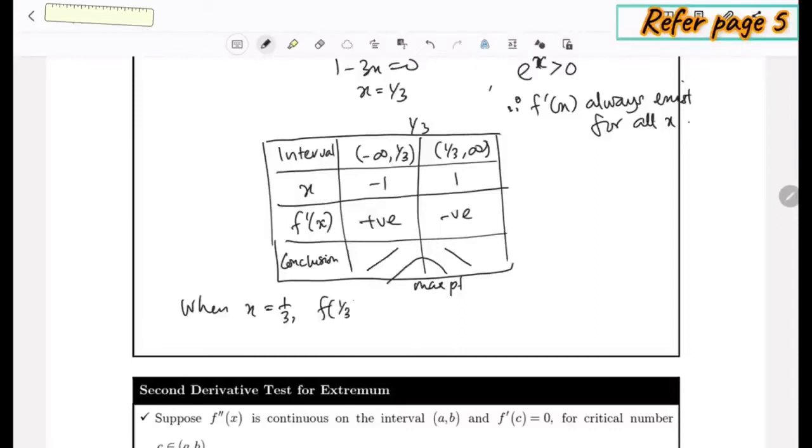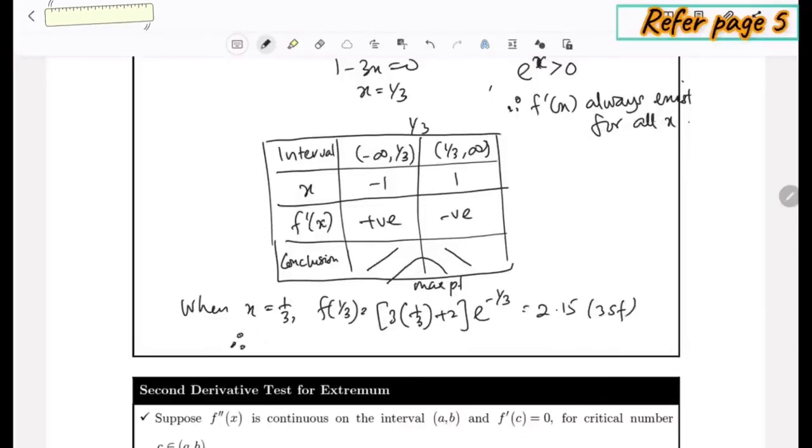So f of 1 over 3, substitute. So we will get (3 times 1 over 3 plus 2) e to the negative of 1 over 3. So 2.15 to 3 significant figures. Hence (1 over 3, 2.15) is a relative maximum point.